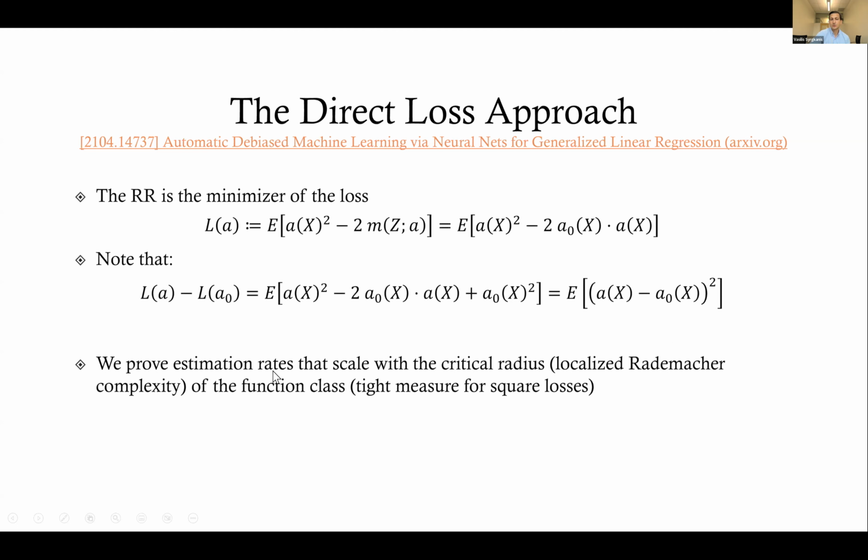And we can prove estimation rates that scale with a notion of complexity of the function class A that you're minimizing over. In particular, we're using the critical radius, which typically yields tight convergence rates for strongly convex losses. And here we have a strongly convex loss.